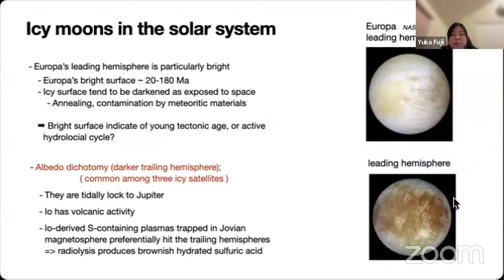Another notable feature of Galilean moons is the albedo dichotomy between the leading and trailing hemispheres. This phenomenon is likely related to the fact that these moons are tidally locked to Jupiter, and Io has volcanic activity, and the Io-derived sulfur-containing plasma trapped in Jupiter's magnetosphere preferentially hits the trailing hemisphere because the angular velocity of Jupiter's magnetosphere is larger than the orbital angular velocity of the moons.